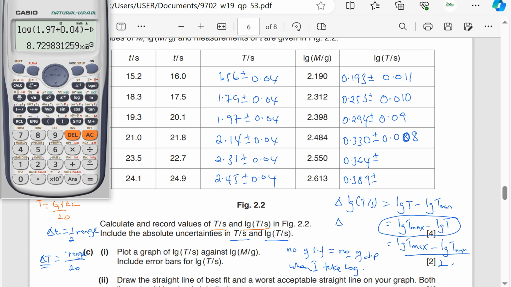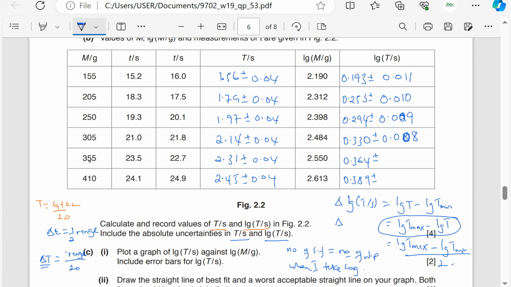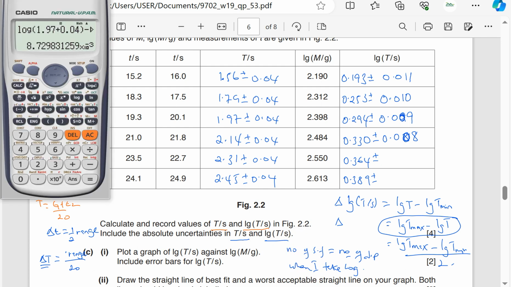So that is 0.009. I have to check this one again. Log of 1.79 plus 0.04 minus log of 1.79. This one becomes, I think, 0.010 if I round off, because the 9 will be rounded off.